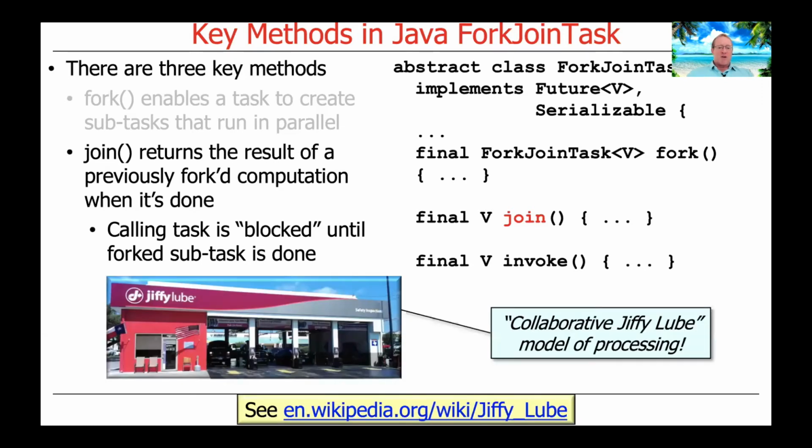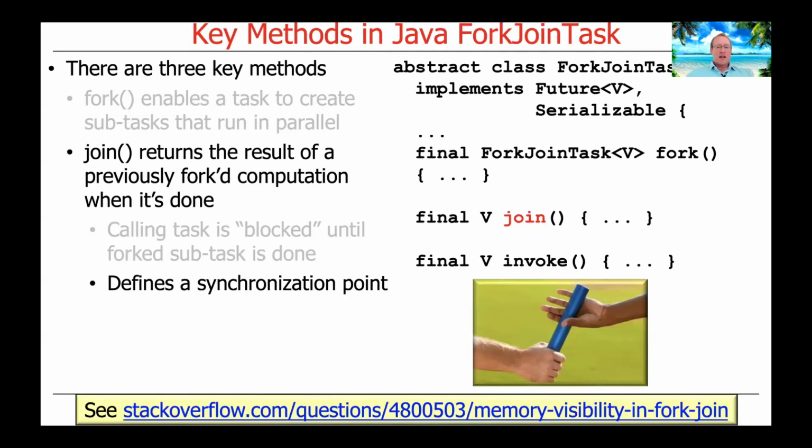And that's what I referred to earlier as the collaborative Jiffy Lube model of processing. So it doesn't really block, it logically blocks. In other words, the return value doesn't come back until the computation is done. But the actual thread that calls join, the worker thread, will go ahead and pitch in and do other computation.